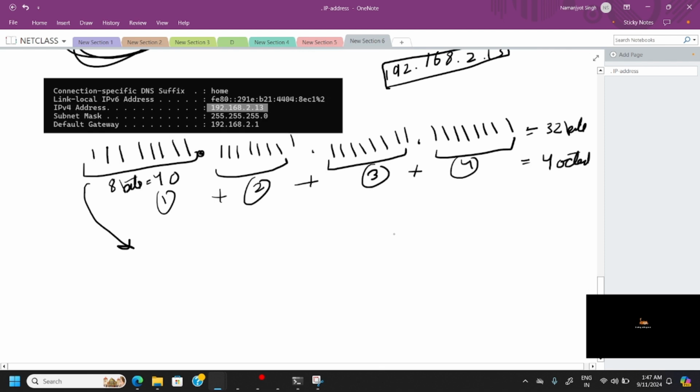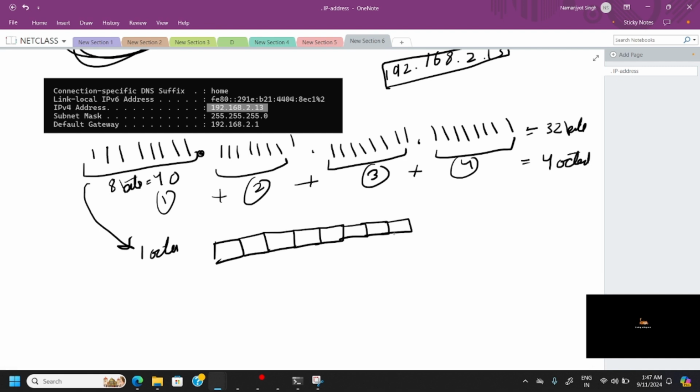Let's break down one octet: 1, 2, 3, 4, 5, 6, 7, 8. We are taking this octet. You know how to convert binary into decimal, right? It's simple: 2 raised to power 0, 2 raised to power 1, 2 raised to power 2, 3, 4, 5, 6, 7.